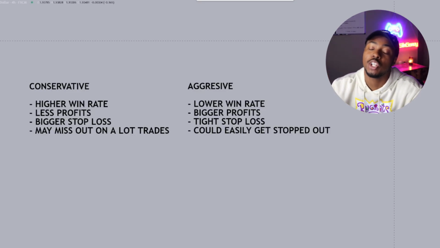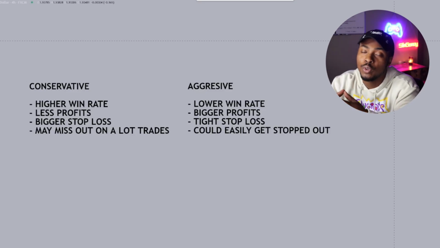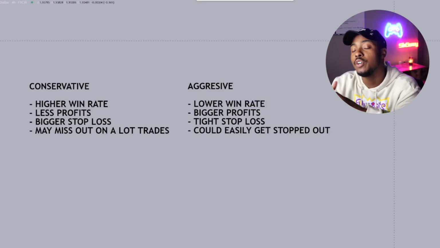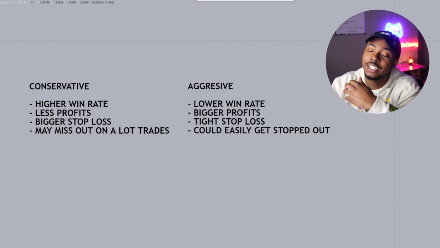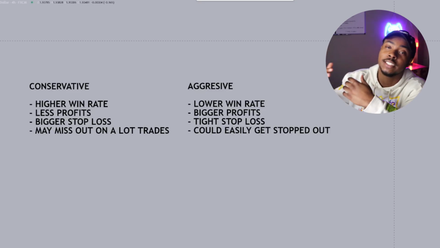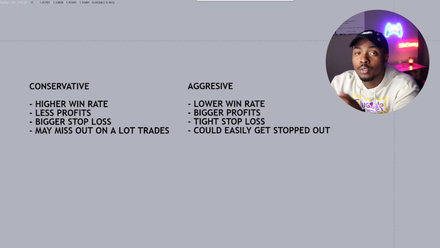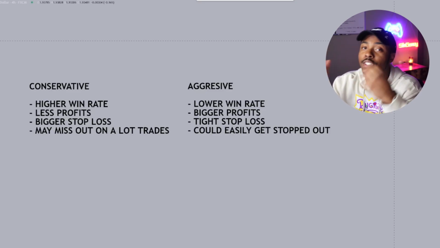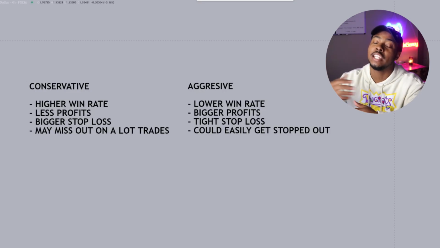Now, when it comes to an aggressive entry, you are going to have an extremely lower win rate because you are not waiting for that confirmation candle to tell you whether or not you should get in the trade. But ultimately, your goal is to get in early in hopes that you're going to be able to capitalize a lot more. And don't worry, I'm going to show you guys examples of both conservative and aggressive entries later on in the video.